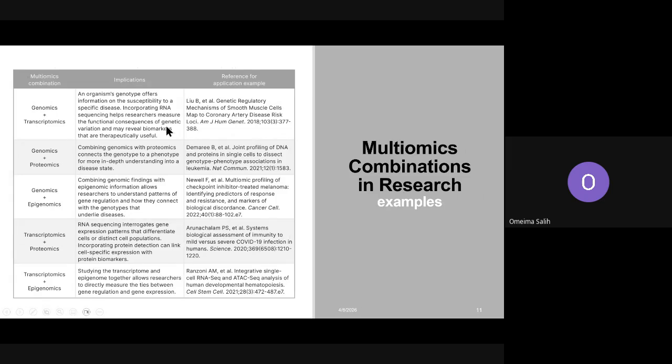The implications depend on your research questions. At the end, it is considered a multi-omic study or research. Or you can combine three omics studies, or four, or all types of omics.